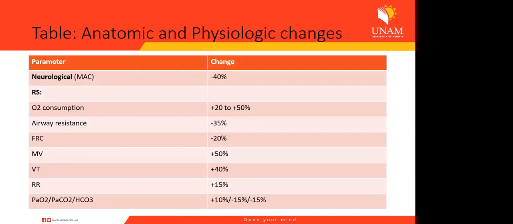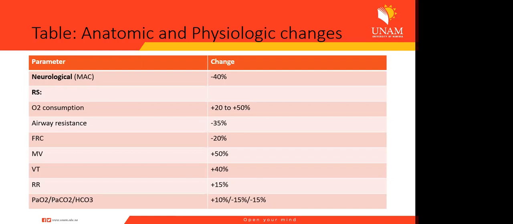This is a table to show you some of the anatomical and physiological changes. The MAC reduces by as much as 40%. Oxygen consumption increases by as high as 50%. There's reduction in airway resistance, and functional residual capacity decreases by 20%, which predisposes the woman to desaturation and apnea during general anesthesia.